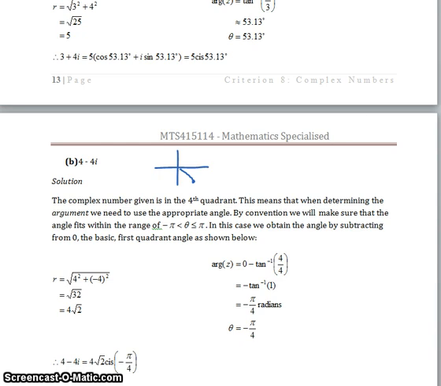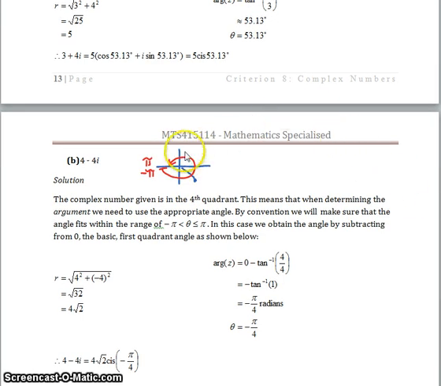Now we've already said that our standard or conventional range of arguments is between negative pi round to positive pi. It's got to be in that region, from negative pi right around to positive pi.